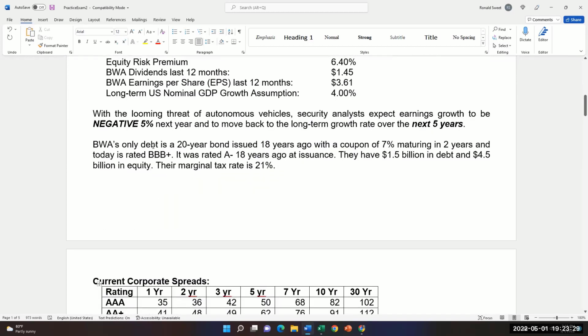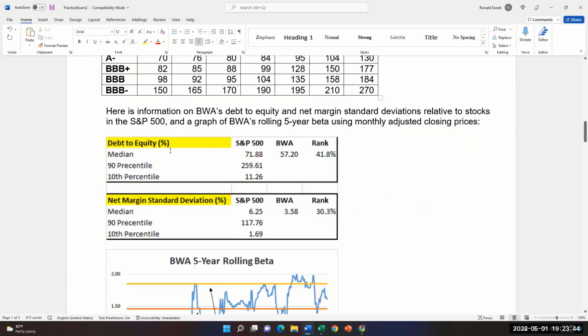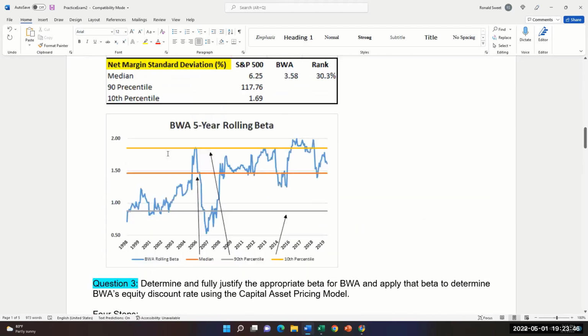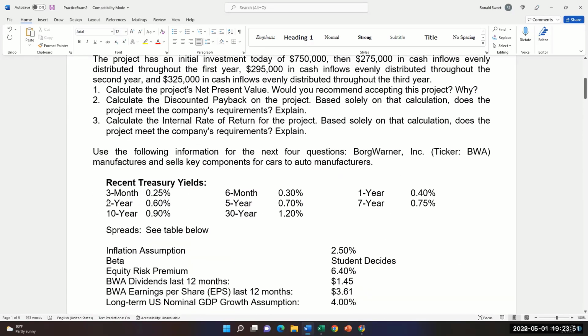Let's see what else we have. Their debt is a 20-year bond issued 18 years ago. So it's a 2-year bond with a coupon of 7 maturing in 2 years, rated BBB plus. So 2 years and BBB plus. Where are the treasury rates? It's going to be a lot easier for you because you will have it right in front of you.